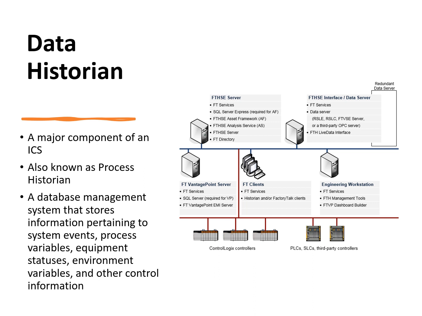The data historian configuration shown below depicts a FactoryTalk Historian SE architecture with the FactoryTalk Directory installed on the historian server computer. The data historian server in this configuration has the asset framework, analysis, directory, and data management services in one computer.